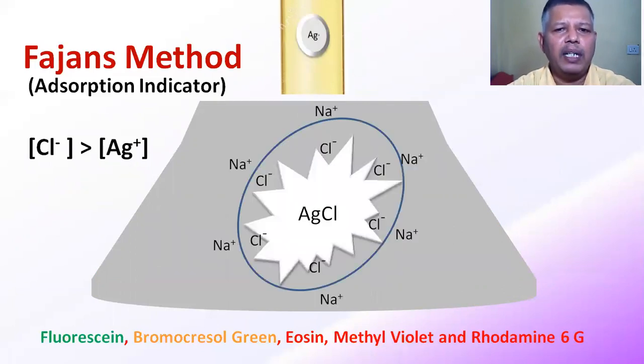The silver chloride precipitate is formed, but around it the chloride ions get adsorbed on the silver chloride precipitate. The sodium present in the solution, or any other cation connected to the halogen initially, forms the third layer. This is the adsorption type of titration.